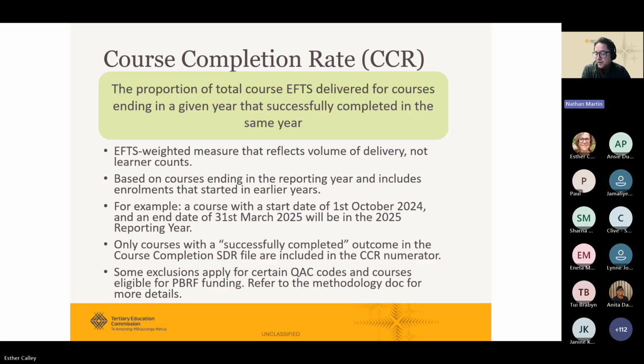For the course completion rate itself, only successfully completed courses are included in the numerator. This is based on the outcome recorded in your course completion SDR file. There are some exclusions applied. These relate to specific qualification award category codes and courses that are eligible for PBRF funding. The full list is outlined in the EPI methodology.